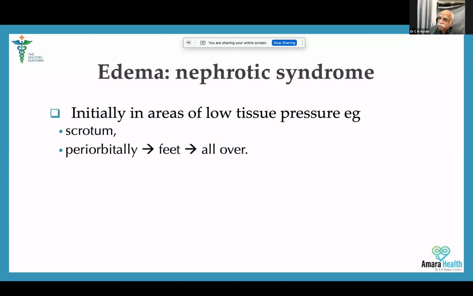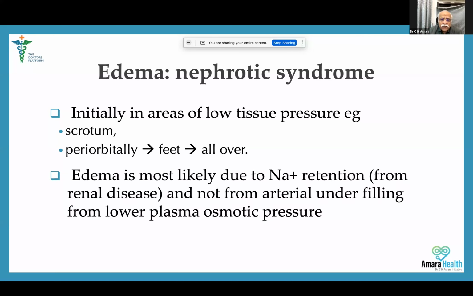Why periorbitally? If you pull out the skin below the eyes, there is a potential space. The scrotum has a potential space. So these are the places that fill up first in nephrotic syndrome. Most likely due to sodium retention from renal disease. Albumin low, sodium retention, and not from arterial underfilling. This edema is not due to arterial underfilling.